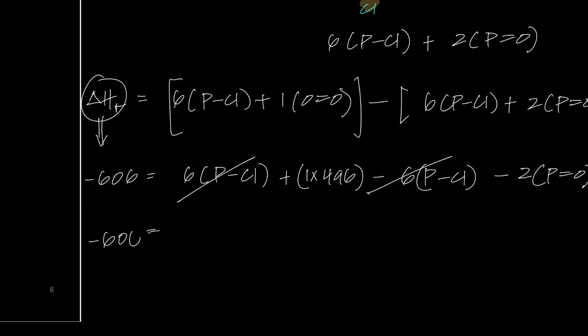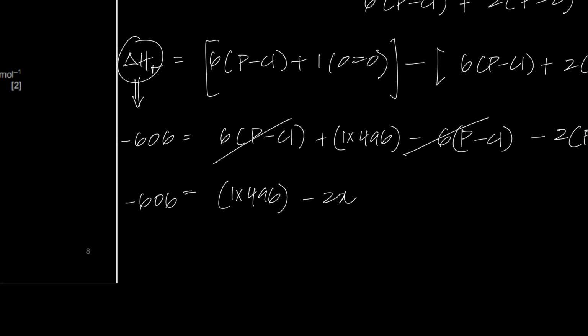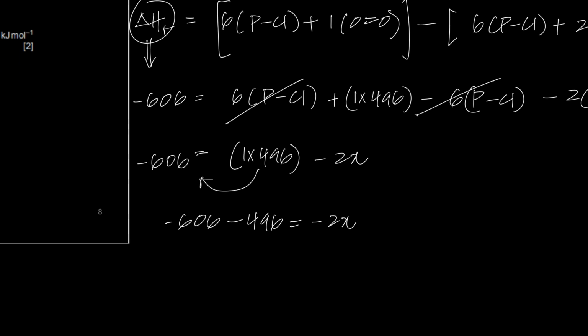And so what you're left with is minus 606 equals 1 times 496 minus 2, and I'll just call the PO bond X, right? And then you shift the values, calculate for X. This goes there, so it's minus 606 minus 496 equals minus 2x, right? And so what do you get?